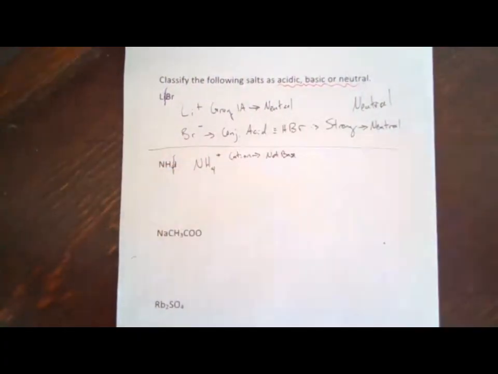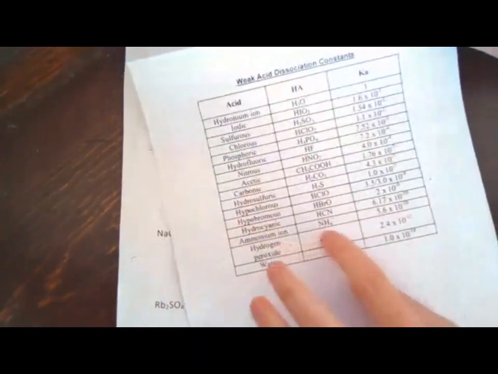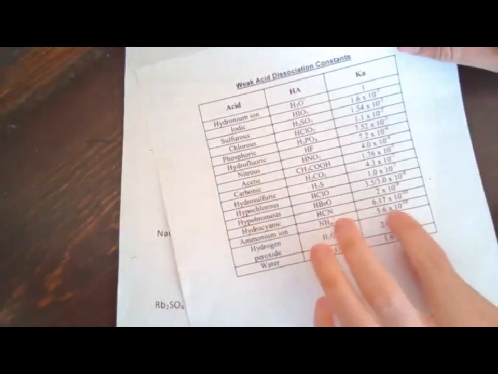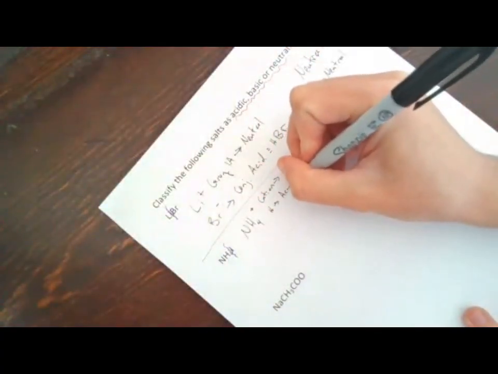Well, it has hydrogens. NH4+ has hydrogens, and so we would think that's maybe an acid. And actually, ammonium ions, if we look on the weak acid chart, NH4+ is 5.6 times 10 to the negative 10. It's a pretty weak acid, but the H's lead to this thing being an acid.